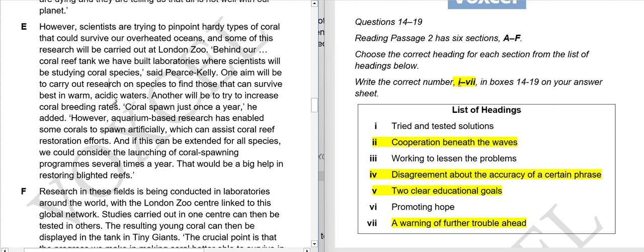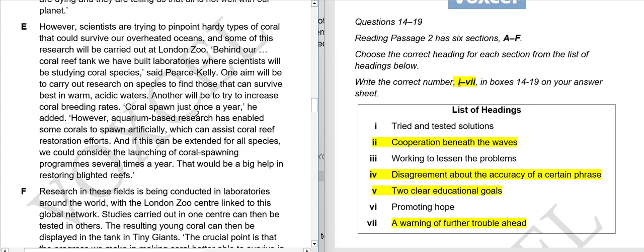So they are trying to do research on those species that can survive in acidic and warm waters. Another will be to try to increase coral breeding rates. So another step they are trying to research is how to increase their breeding rates.